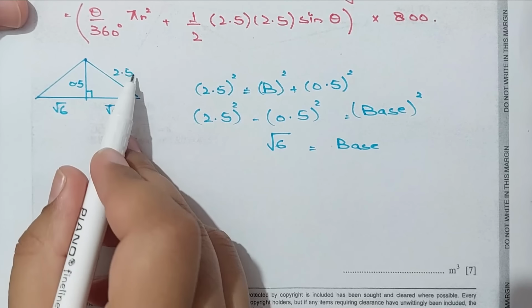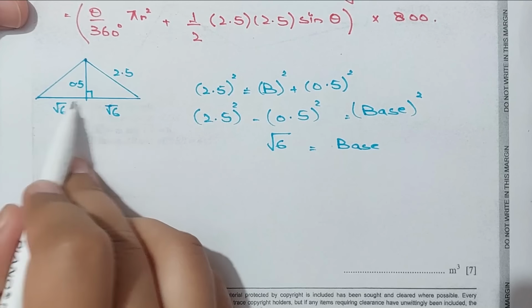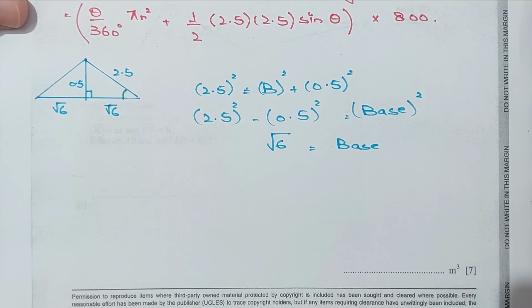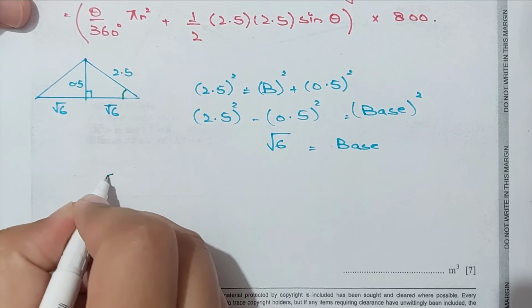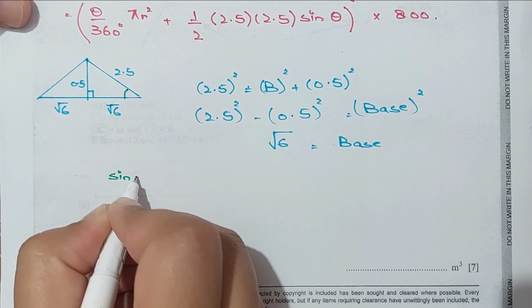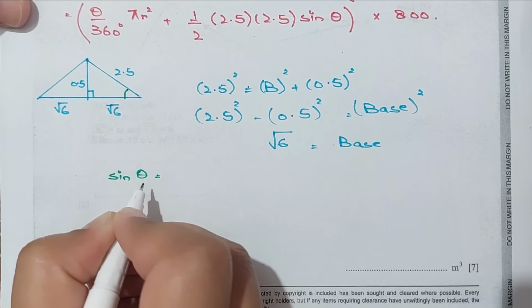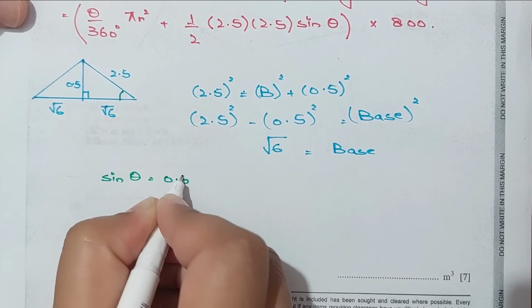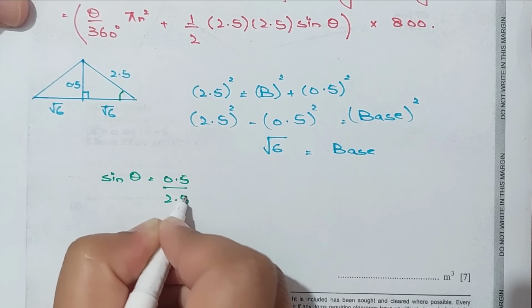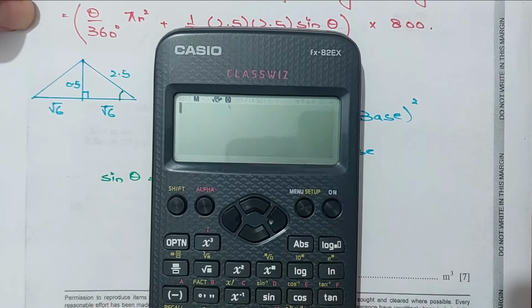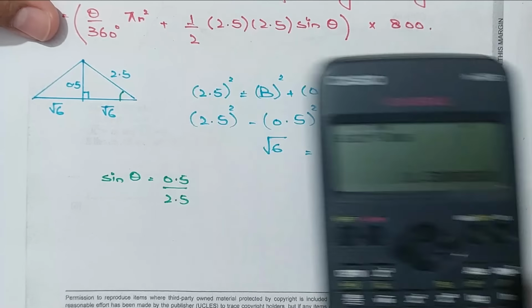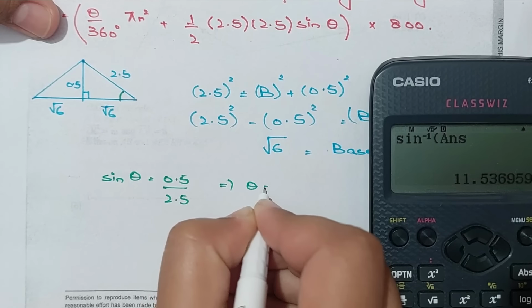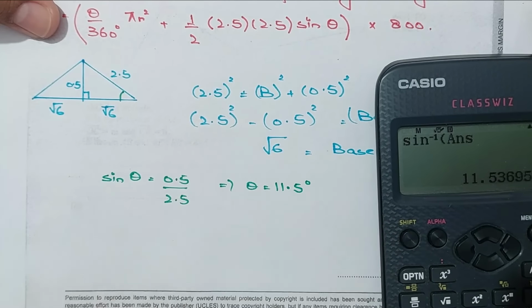All right, since it is a right angle triangle, we have the three sides. Let me solve for this angle of the triangle. We have the opposite and the hypotenuse, so sine of the angle theta equals opposite 0.5 over hypotenuse 2.5, which is 1 by 5. So the inverse sine gives 11.5, so this theta is 11.5 degrees.